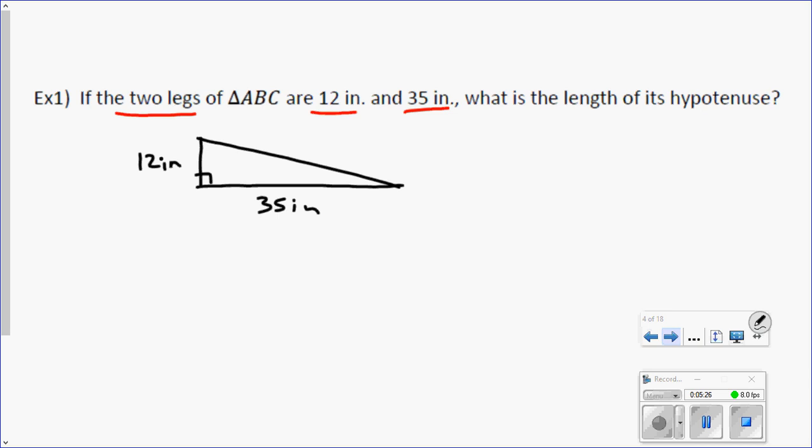We're trying to find the length of the hypotenuse. So, legs squared. One of the legs is 12. The other leg is 35. We're not sure of the length of the hypotenuse, so we'll call it H for hypotenuse.